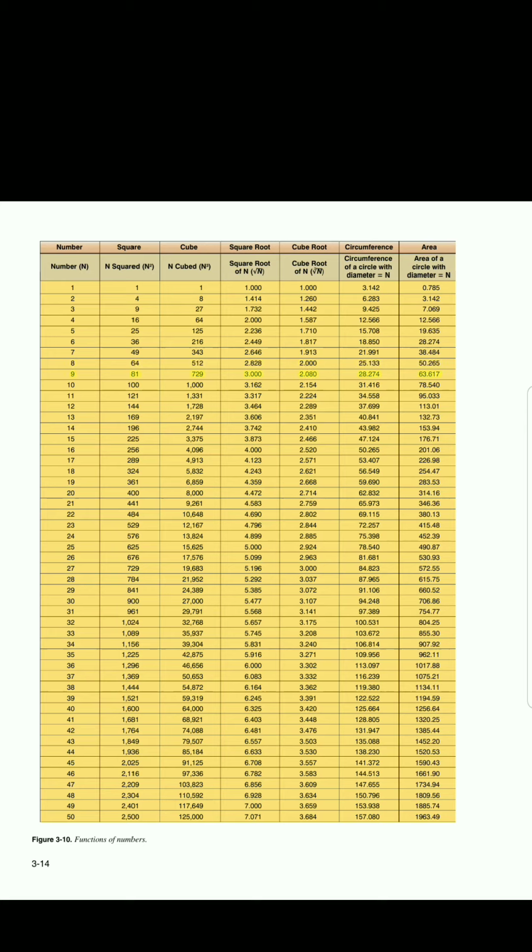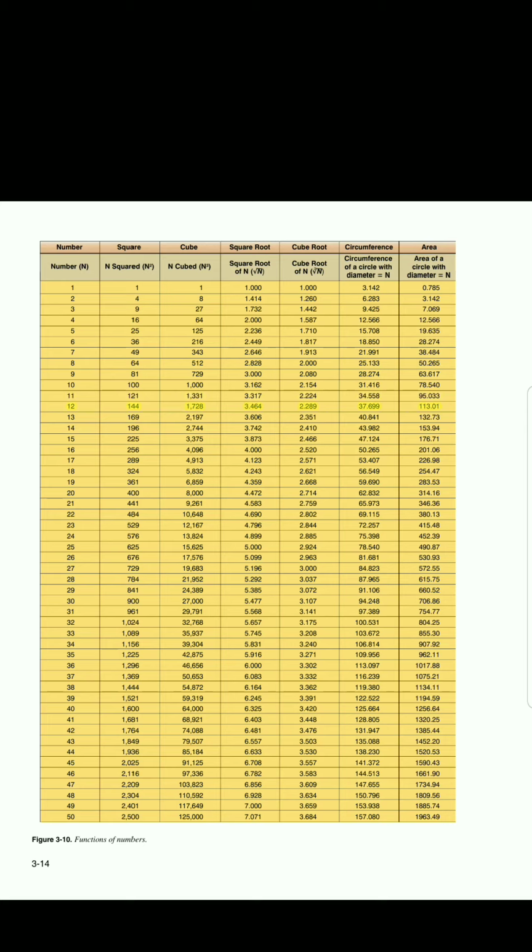For 9: 81, 729, 3.000, 2.080, 28.274, 63.617. For 10: 100, 1000, 3.162, 2.154, 31.416, 78.540. For 11: 121, 1331, 3.317, 2.224, 34.558, 95.033.